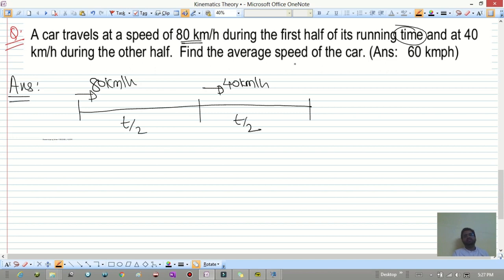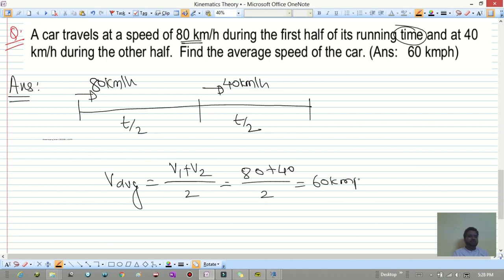You have to calculate the average speed, and I told you whenever they give equal time you have to take the mean, v1 plus v2 divided by 2. So 80 plus 40 divided by 2 which is equal to 60 km per hour. So I hope this is clear.